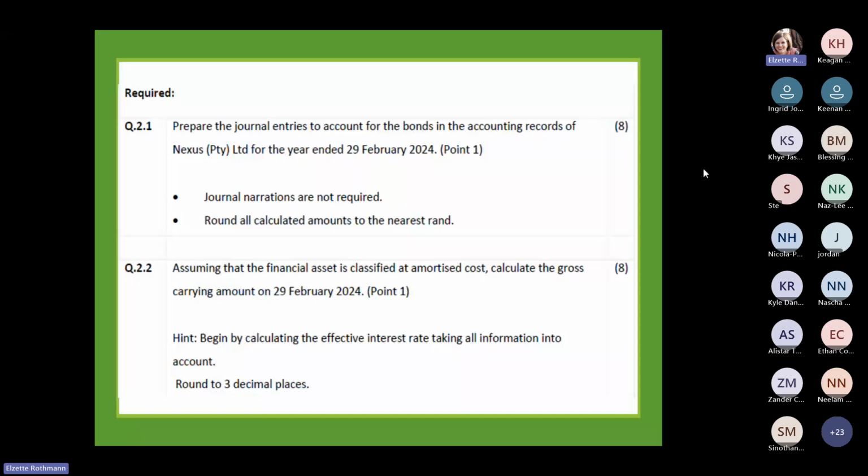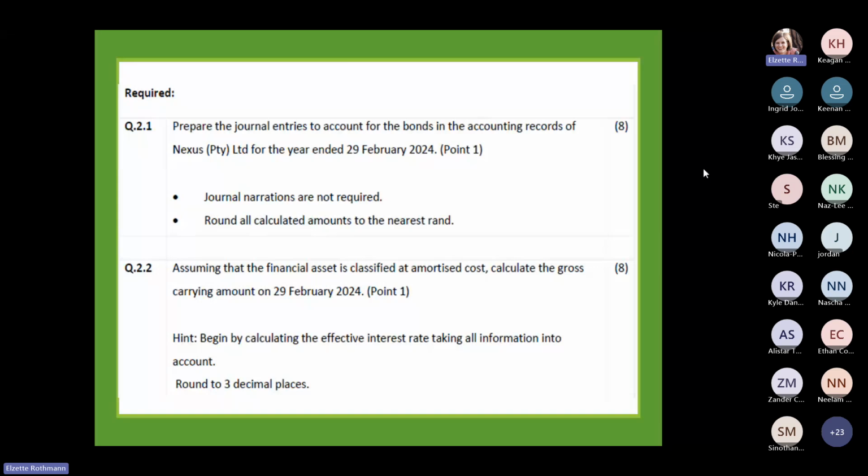Okay, then at 2.2, assuming that the financial asset is classified at amortized cost, calculate the gross carrying amount on the 29th of Feb 2024, and then they give you a hint. And if they give you a hint, please look at that hint. Okay, they are actually guiding you where you should go.